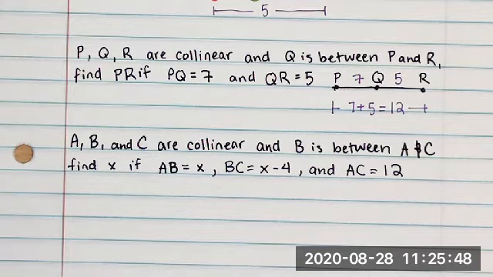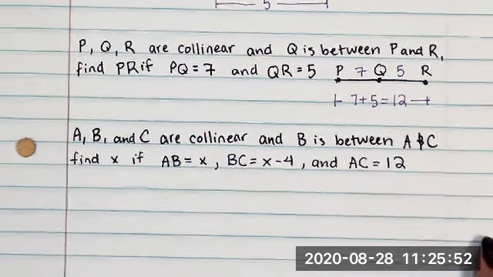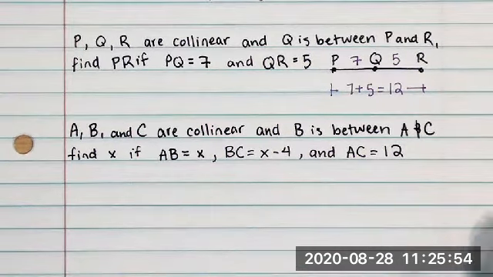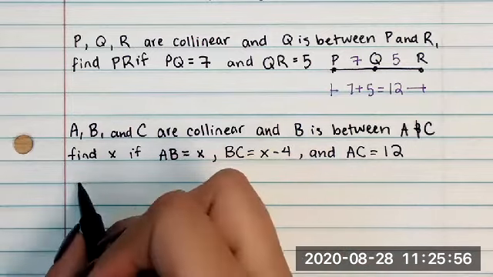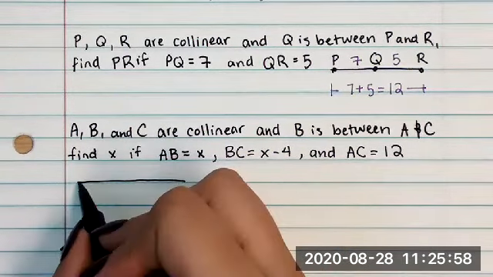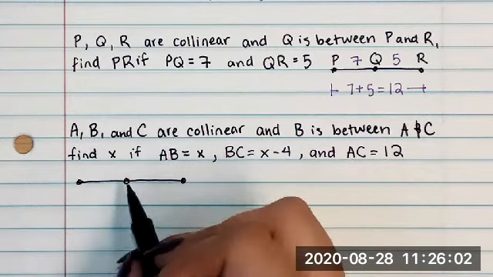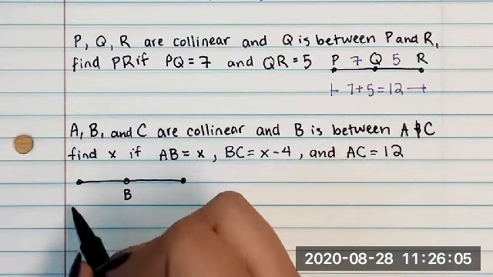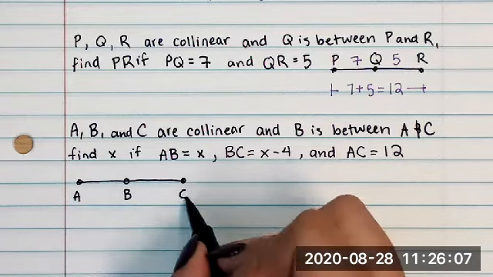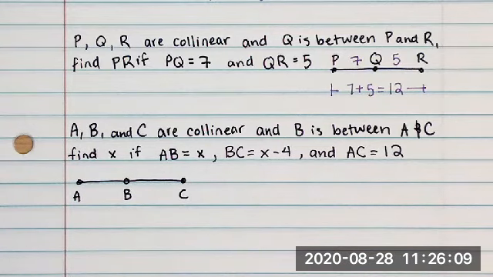So again, I didn't draw a picture here for you, so I'm going to talk you through how we create that picture. So again, we're dealing with a line, 3 points on a line. So 1, 2, 3. B is between A and C, so B goes in the middle, and A and C on either side.